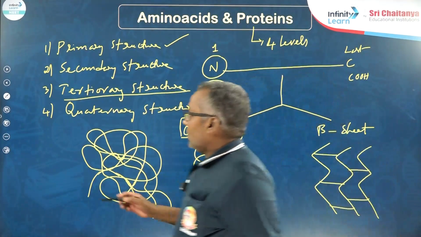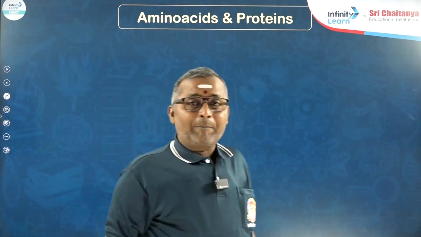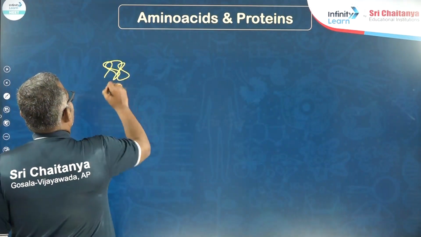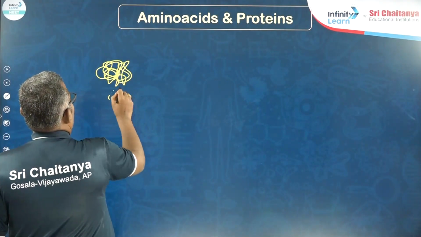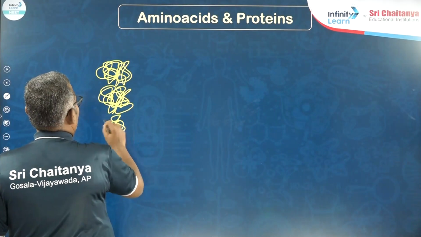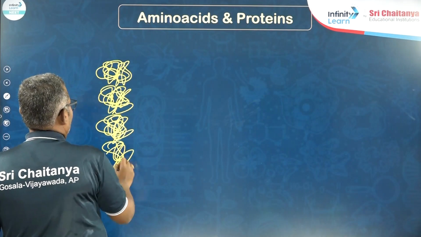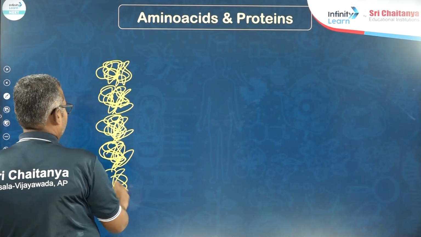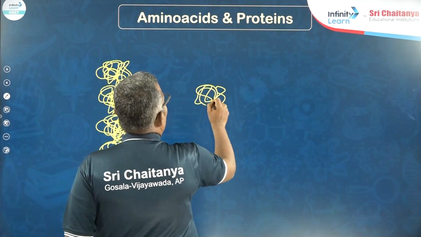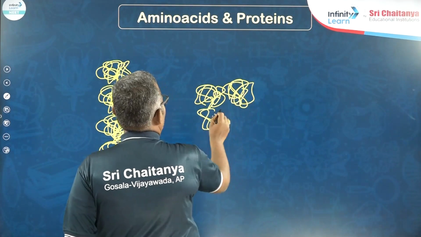When it comes to quaternary structure, more than one peptide chain, meaning 2 to many peptide chains, are arranged in the form of a string of spears. String of spears means a chain of spears like this, or in the form of a cube or plate, one upon each other like this.